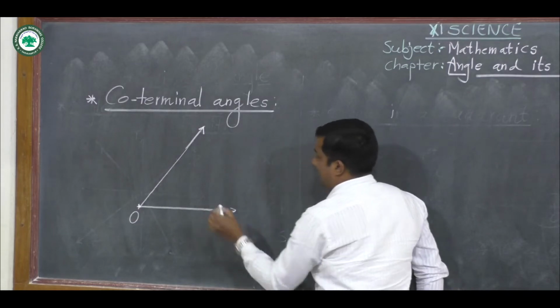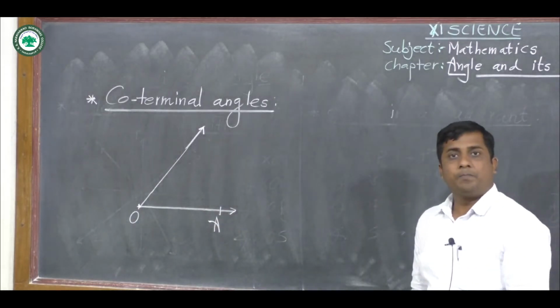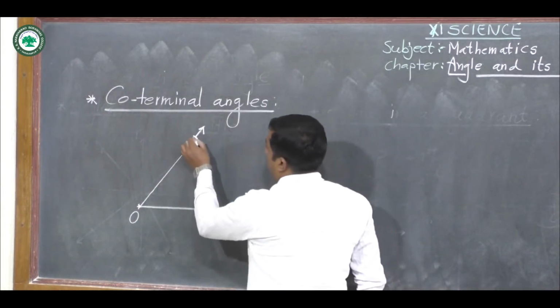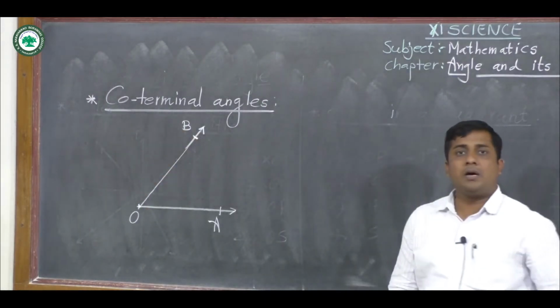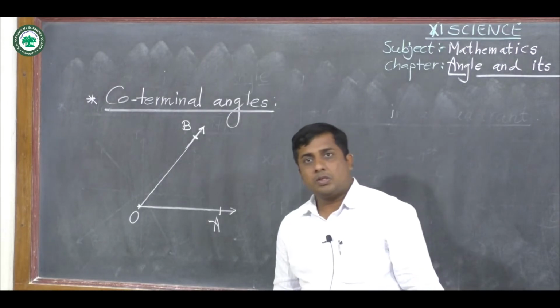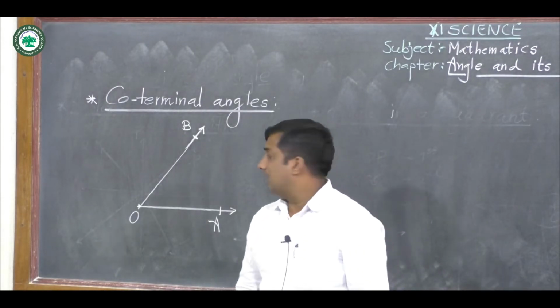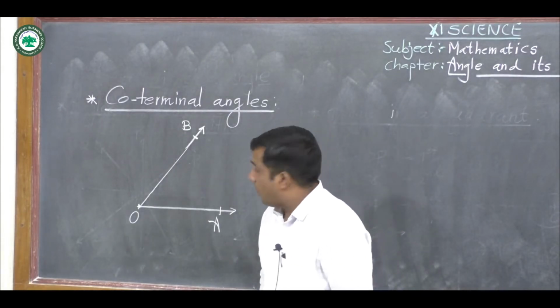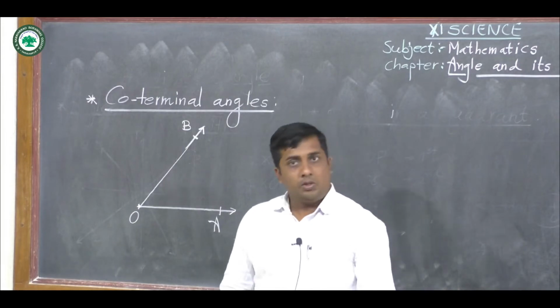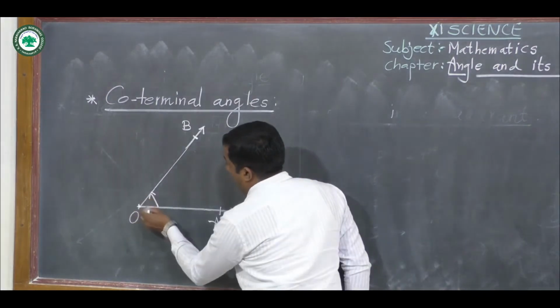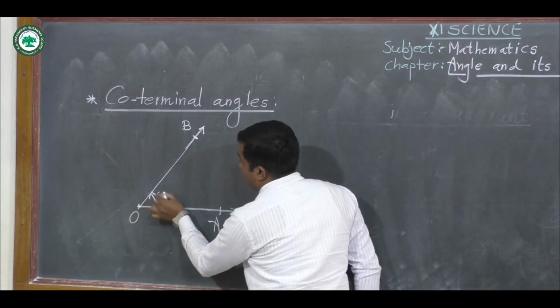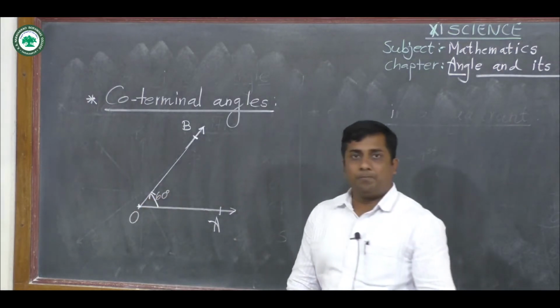Suppose OA is our initial ray, then OB is our terminal ray. Suppose this angle is 60 degrees. If we consider anti-clockwise rotation, suppose this measure is 60 degrees.